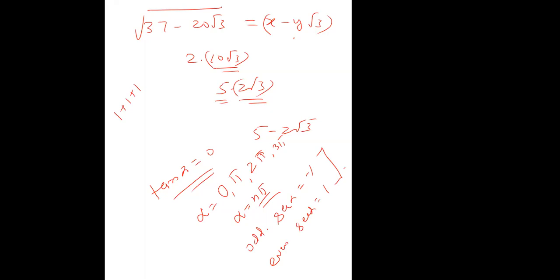So 1 plus 1 plus 1, 1 plus 1 minus 1, 1 minus 1 minus 1, minus 1 minus 1 minus 1. ये 4 केस होंगे ना? Sir, so from this you are getting 3, from this you are getting 1, from this minus 1, from this minus 3. So all you are getting may be the answer. Yes, sir. Okay.